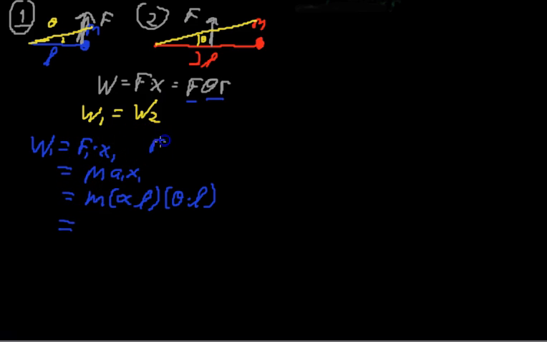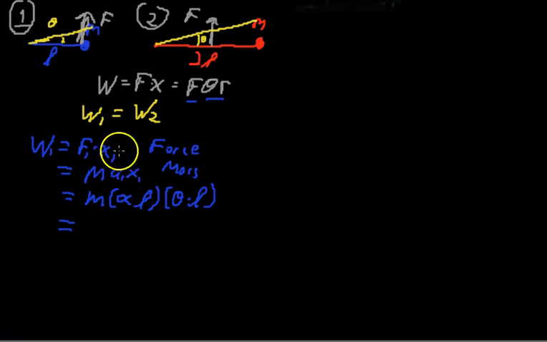And so we end up getting that the work done on the mass is equal to, and I should be clear here, this is the work done by the force, and this is the work done to the mass. The difference is that here we're looking at the force being applied, and here we're looking at the mass and its acceleration and its distance. So this distance here is the actual distance that the mass moves. This is the acceleration of the mass. This is the mass of the mass. This stuff up here is actually the force being applied and the distance over which the force is applied.